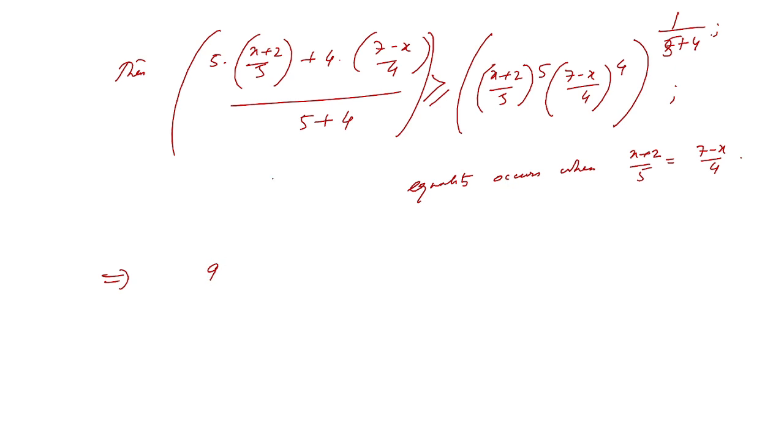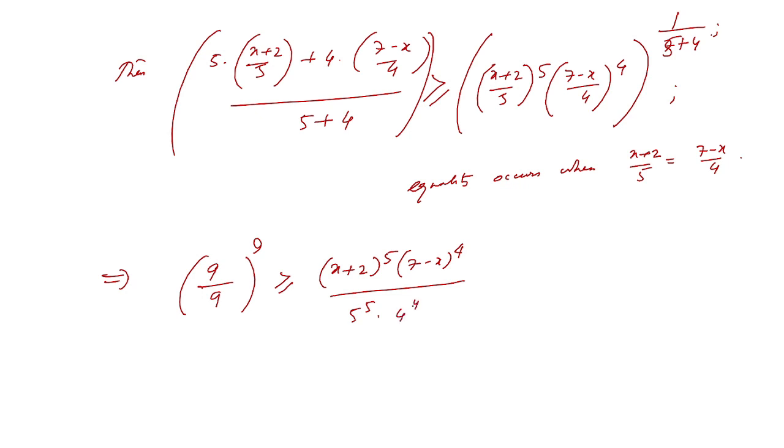Here you will see 2 plus 7, 9 by 9, whole to the power 9, is greater than or equal to (x+2)^5 times (7-x)^4 divided by 5^5 times 4^4.